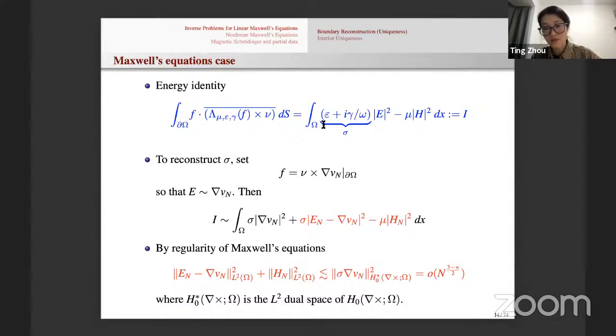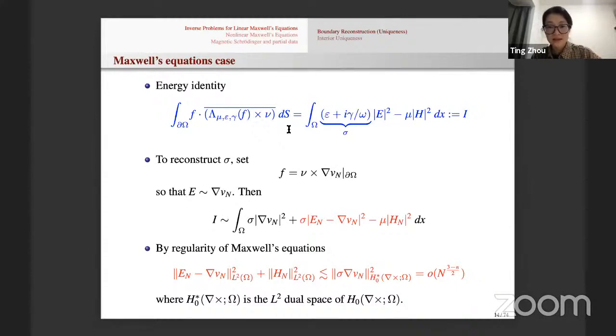So in order to recover, say, this complex coefficient sigma, whose real part is epsilon and the imaginary part gives you the gamma, then you want E essentially to be the gradient of v_n. So you can apply the previous lemma, right? That was the hope. Then you can do the same for the second term. What you do is you set the boundary to be the tangential component of the gradient of v_n, and to show that E is roughly the gradient of v_n.